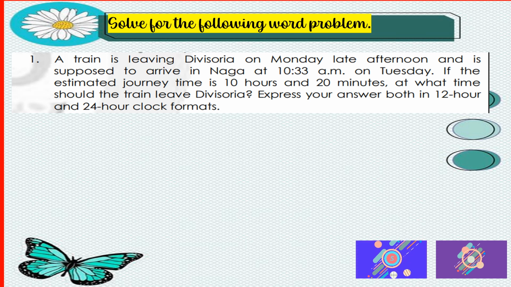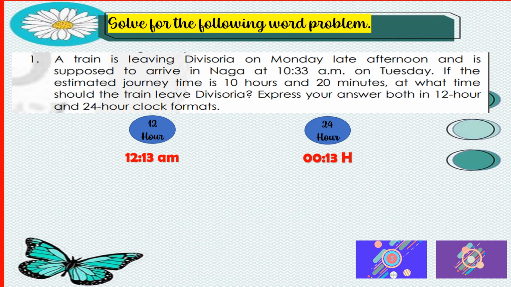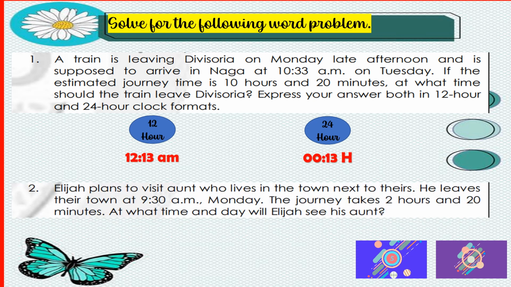Okay, so let us now answer. In 12-hour, that is 12:13 AM. Okay, and in 24-hour, that is equivalent to 113 hours. Okay, for number 2, Elijah plans to visit his aunt who lives in the town next to theirs. He leaves their town at 9:30 AM Monday.